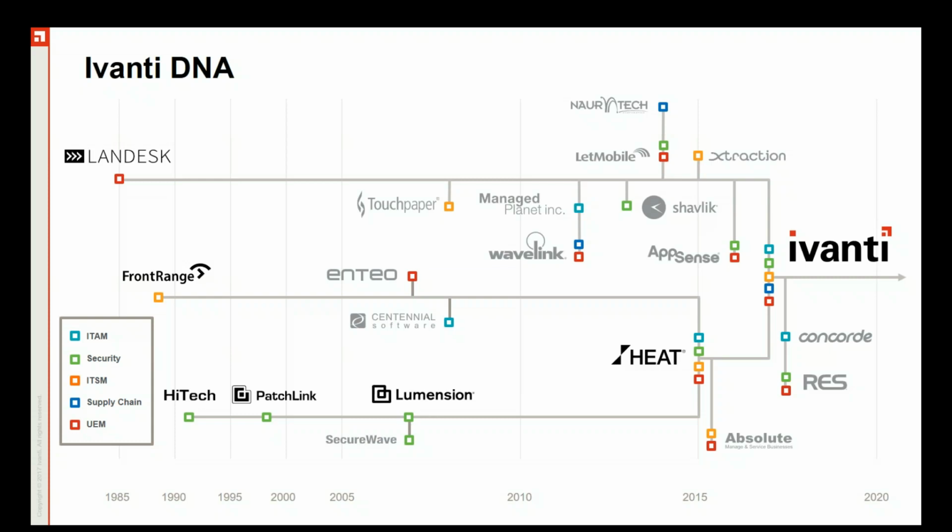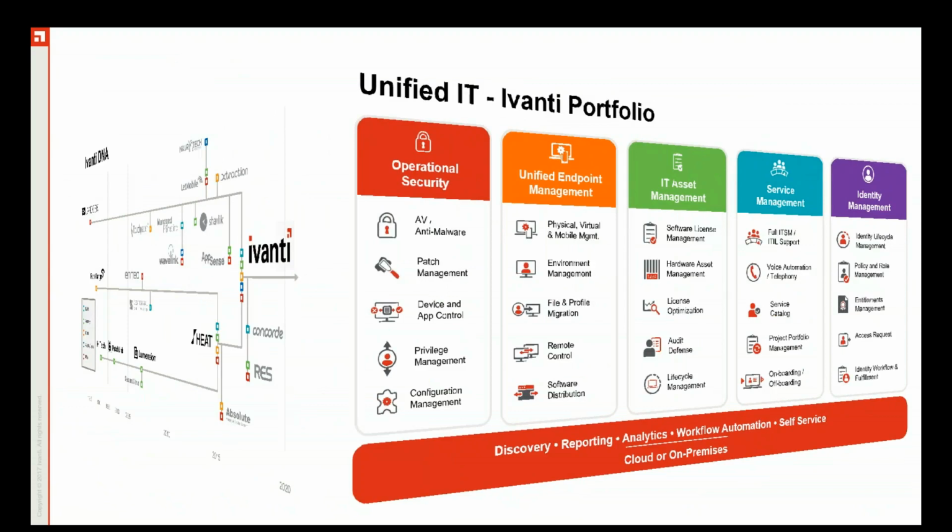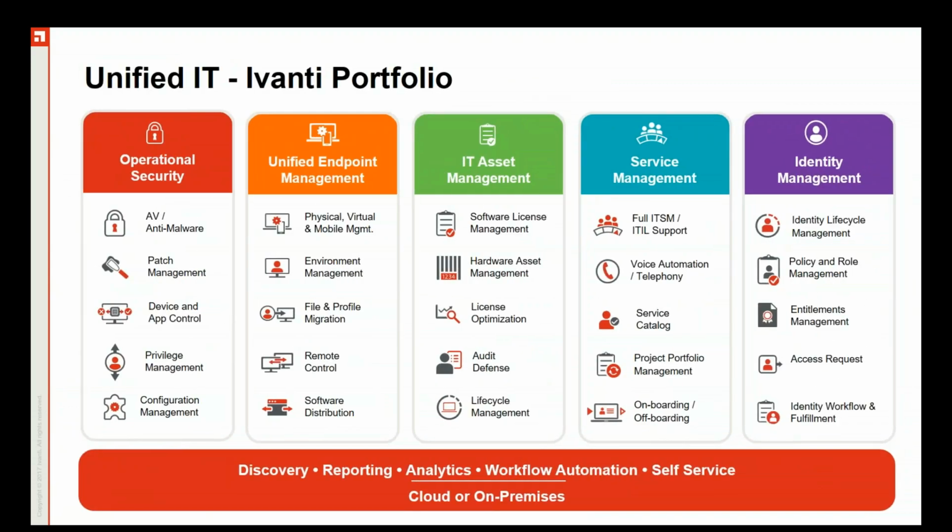So we're taking all the best of breed products from those previous companies and making a really good solution or solutions in the ITAM space, security, service management, supply chain, and UEM. Taking that a step further, this is how it breaks down from a technology perspective. So as I said there, we've got security, endpoint management, asset management, service management, and identity.